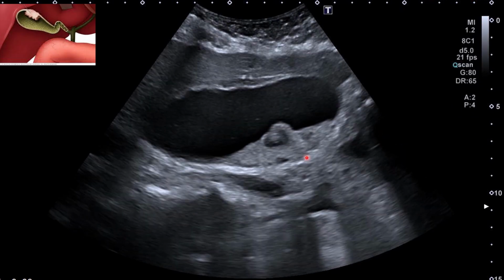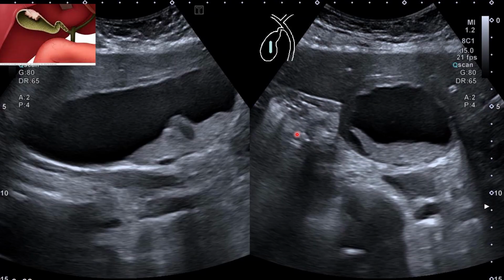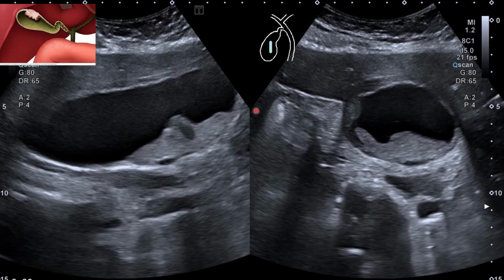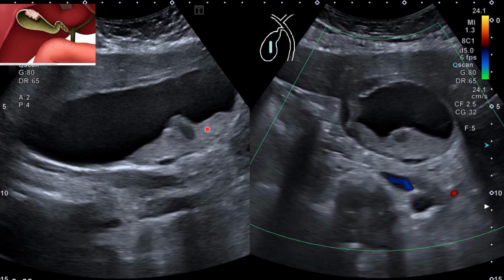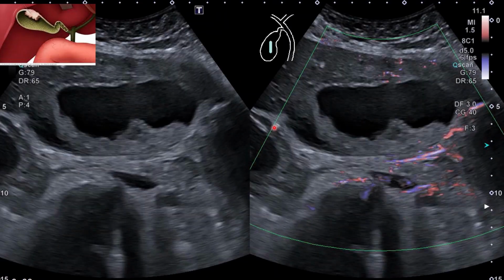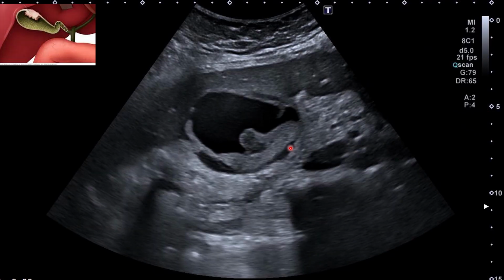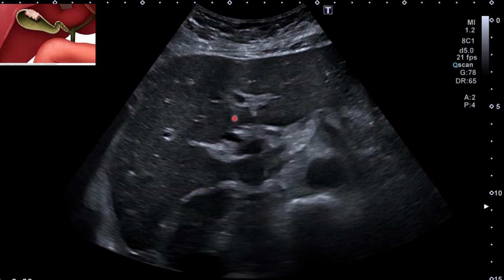The other thing that you can think of, if you see a gallbladder wall mass like that, is what is called tumefactive sludge. Tumefactive sludge, or tumor mimic sludge, can also mimic a gallbladder mass.